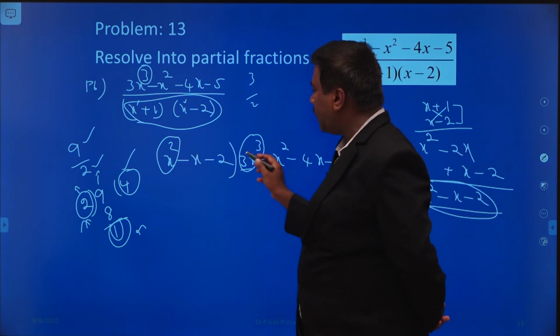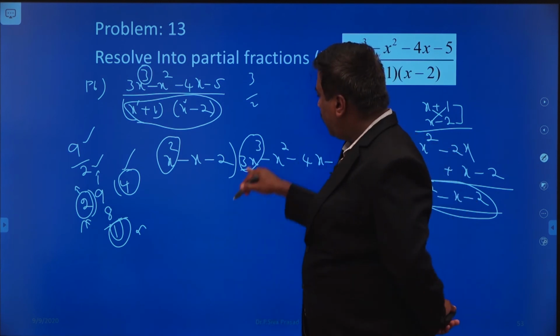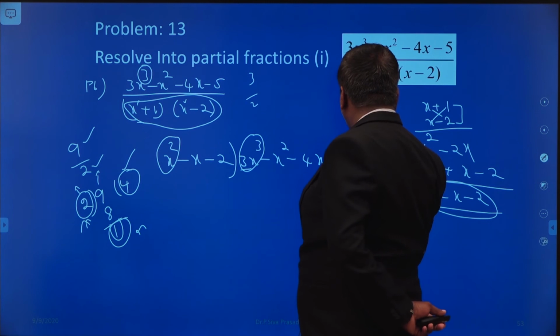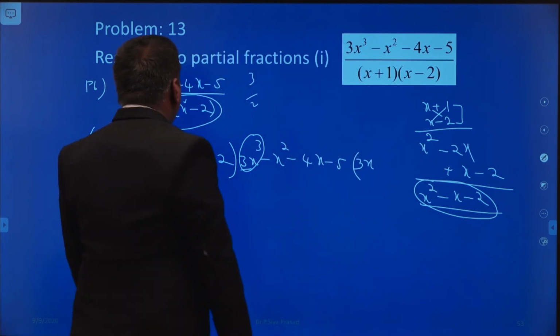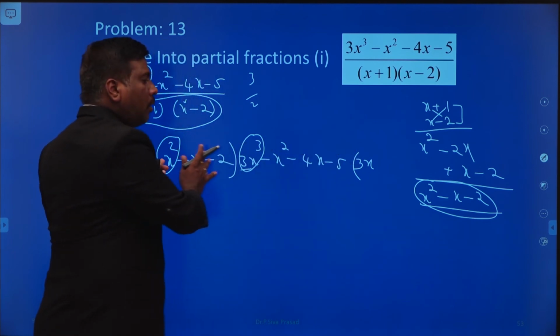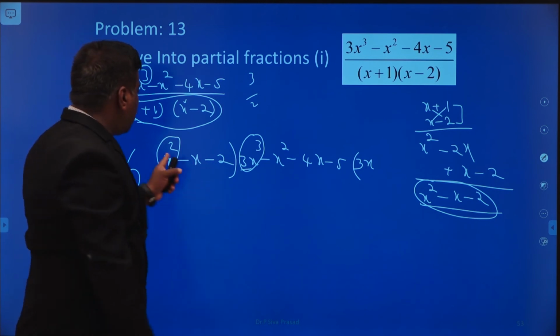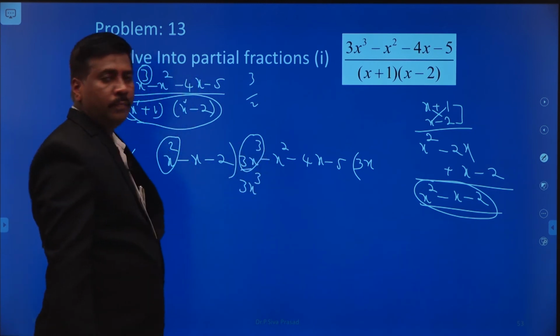Here x square is there, so the x value is to be multiplied, but here we get 3x cube. That means the quotient value is 3x. Whatever the divisor is, we have to multiply the quotient with the total divisor.